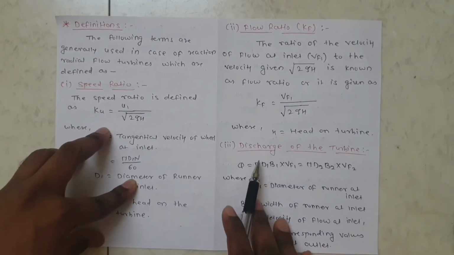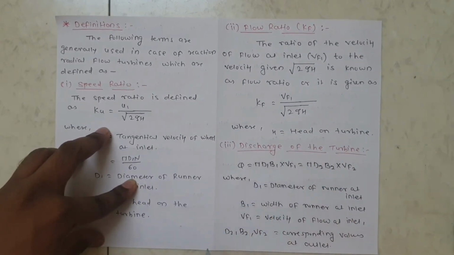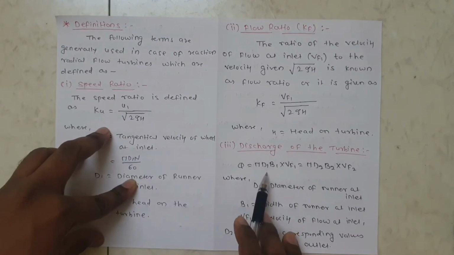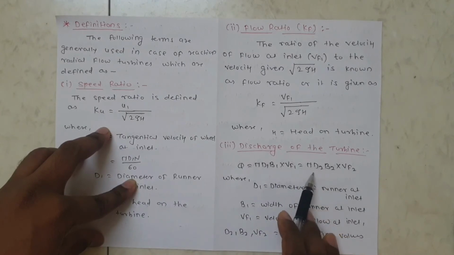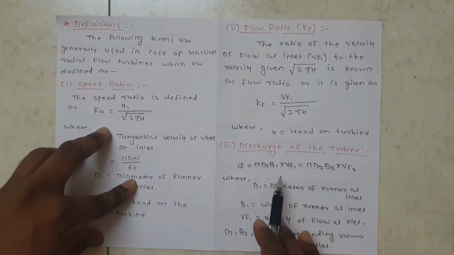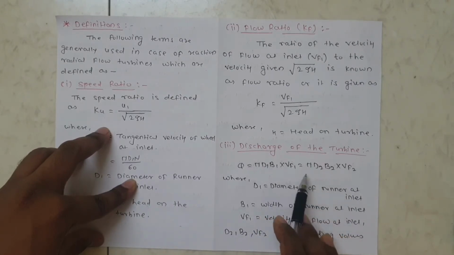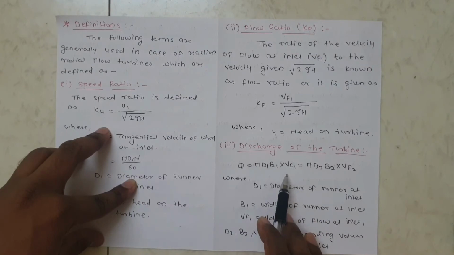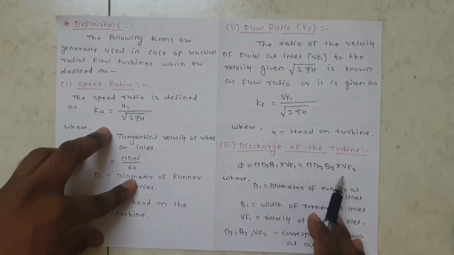The third definition is the discharge of the turbine. Discharge is equal to area into velocity. The area is the circumferential area of the runner, pi D1 B1 at inlet, and pi D2 B2 at outlet, and for velocity we consider the flow velocity: Vf1 at inlet and Vf2 at outlet.